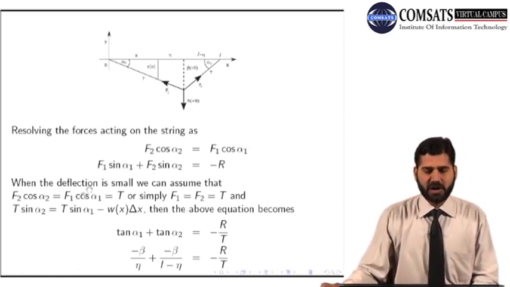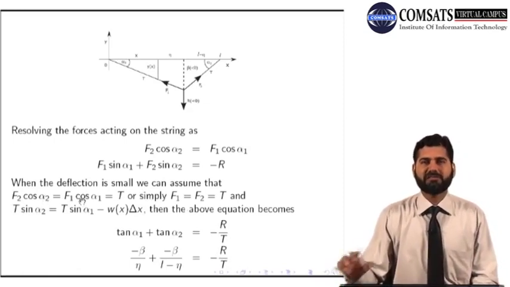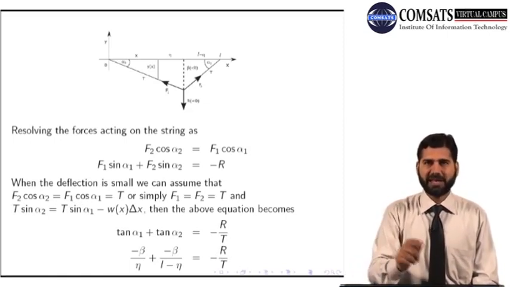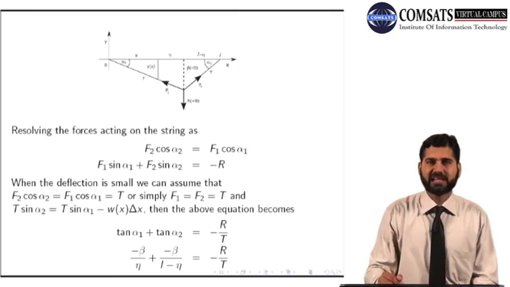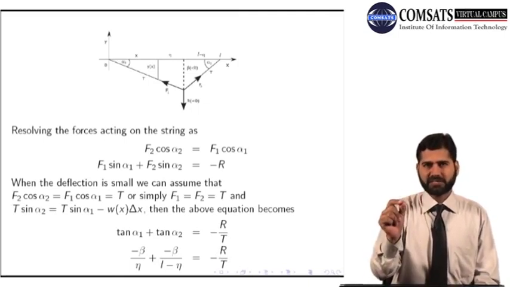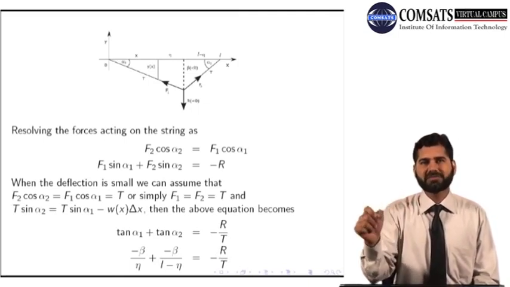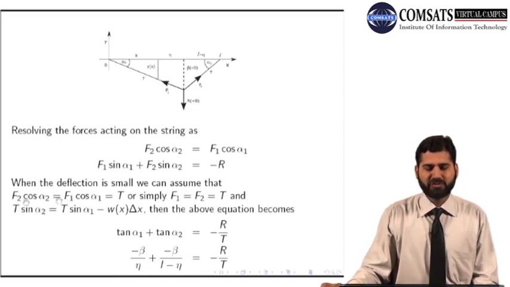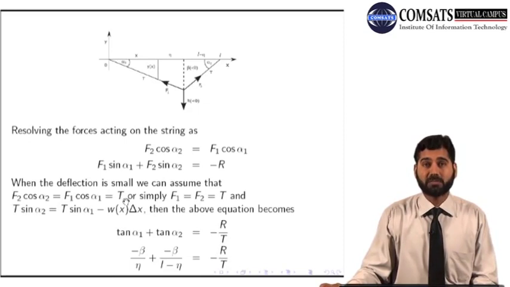Cosine alpha 2 and cosine alpha 1 will be equal to 1. I just explained in the handwritten slide that if theta is very, very small, cosine theta can be approximated by 1. So if cosine alpha 1 and cosine alpha 2 can be approximated by 1, then F1 and F2 should be equal to the tension if the deflection is very, very small.